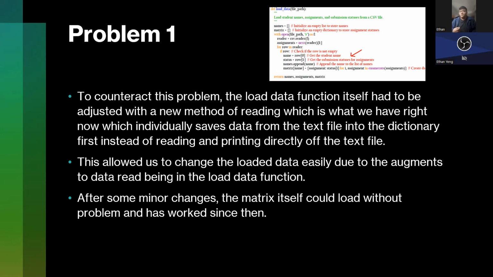Originally we had it load both at the same time, which kind of bugged everything out. So I had to write two separate codes, which individually loaded the things I wanted, which then would return names and assignments, which would then be loaded into the display matrix function.